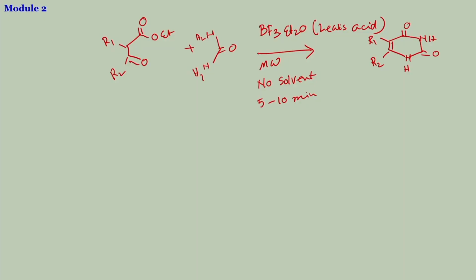But once you start heating that up, once you reach the melting temperature of the urea, then it melts and dissolves into the liquid form of the beta keto ester. So then they come in a single phase, and therefore they can do the reactions without any organic solvent. So this is one case.